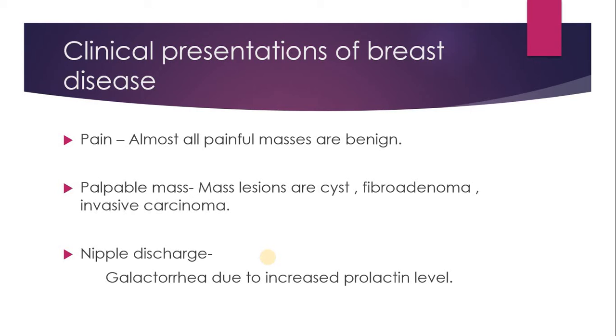Some drugs also cause galactorrhea. Often pus may be the discharge. To exclude malignancy, we have to evaluate the type of nipple discharge, and also whether there is any palpable mass associated with the discharge.